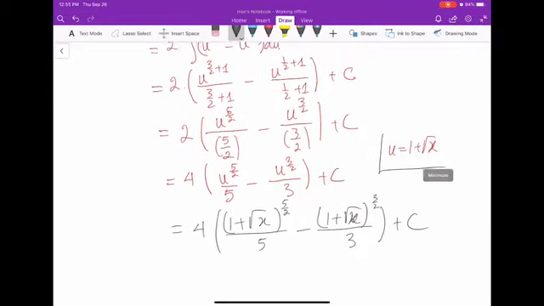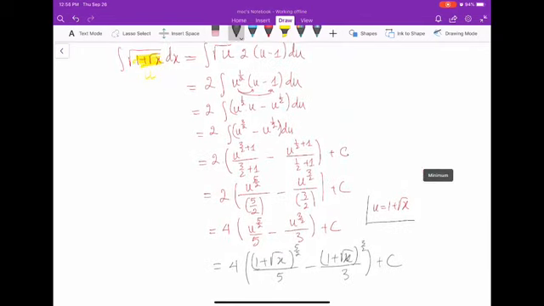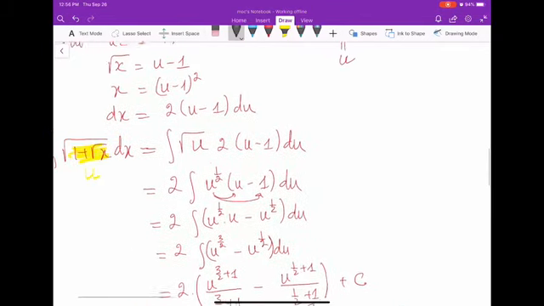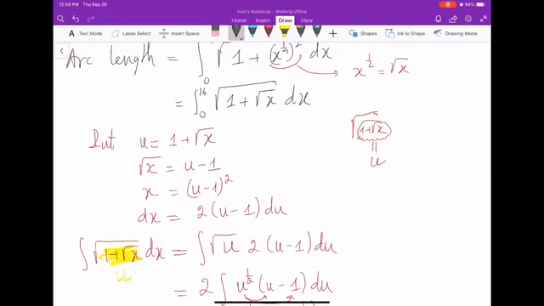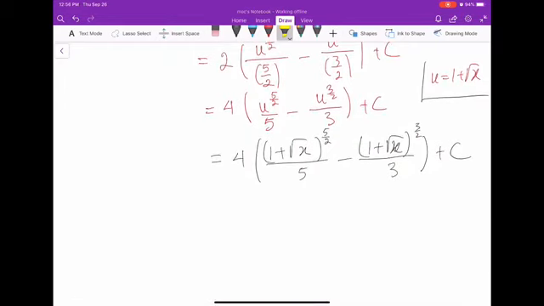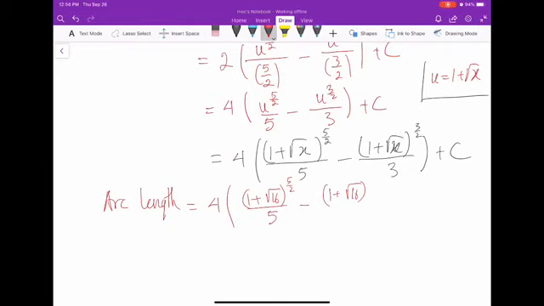And then now we just plug into our original integral. The original integral in here, we just need to plug in 0 and 16 into this antiderivative. So I can find the arc length is equal to 4 times, and I plug in 1 plus square root of 16, to the 5/2 over 5, minus (1 plus square root of 16) to the 3/2 over 3.